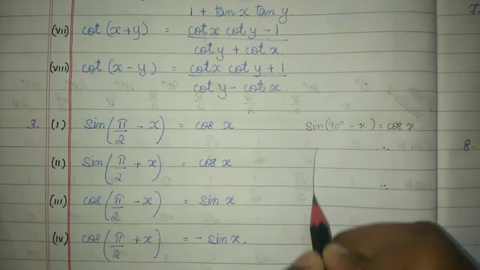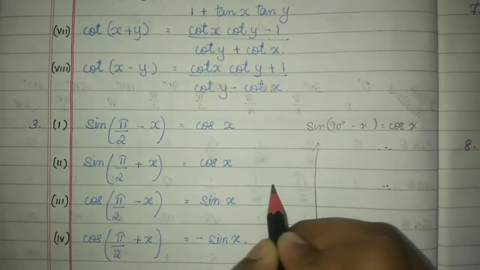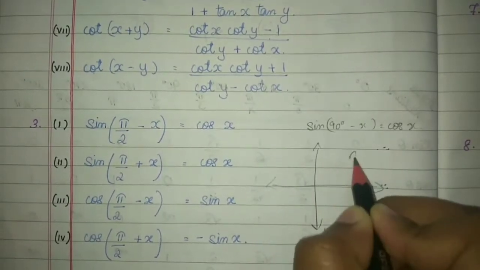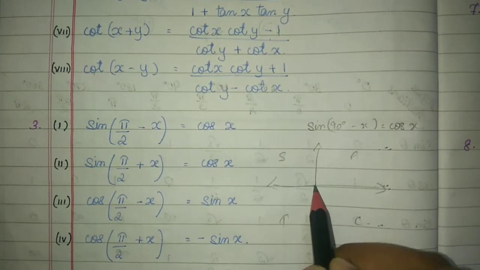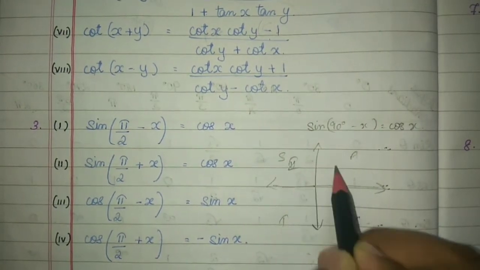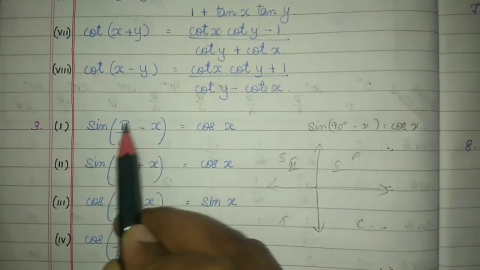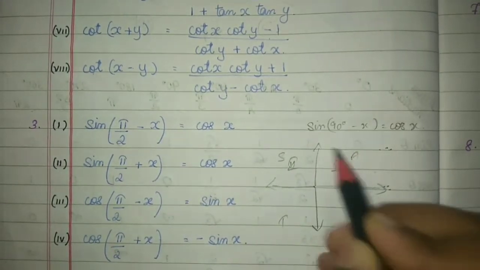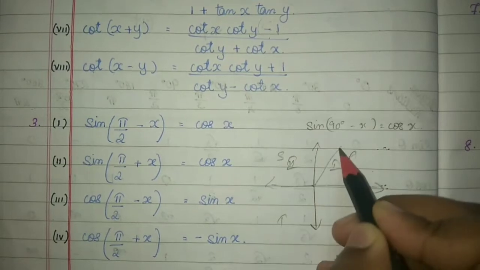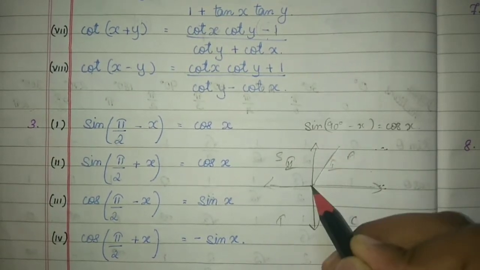See, if you remember this quadrant rule, this will be easy. All Silver Tea Cups, no? Sine is positive in the second quadrant and the first quadrant. So pi by 2 is over here, 90 degrees. Minus means the angle will be here.